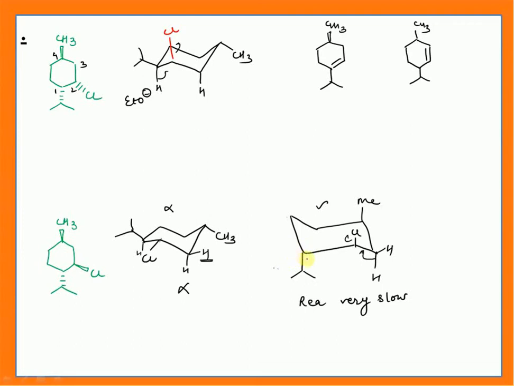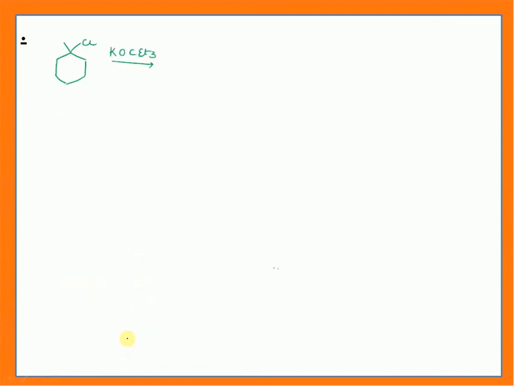So you will get only one product, and in that product the bond is between carbon number two and three, means only this product will be obtained, and the reaction rate will be very slow. Then we will come to the point of regioselectivity, means from which position we can remove the proton.